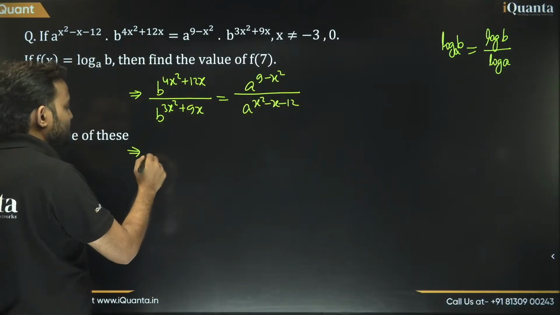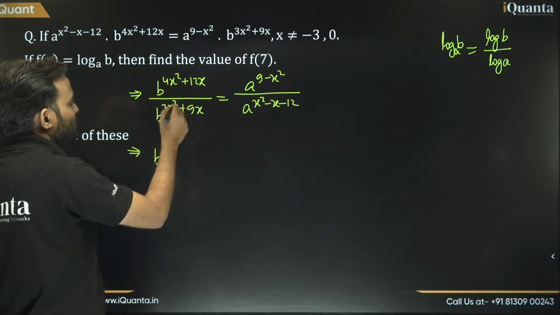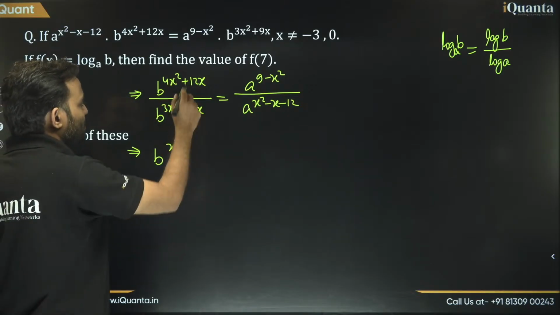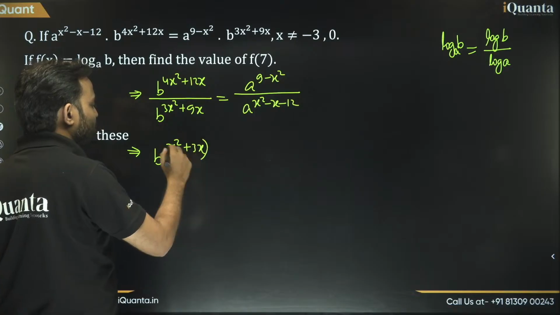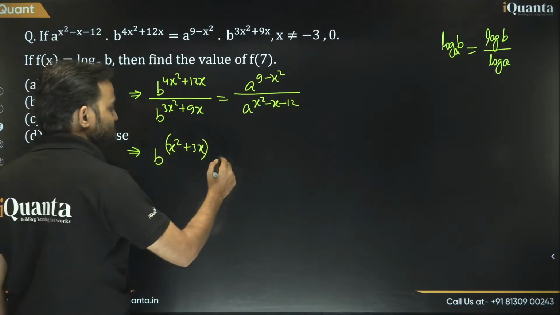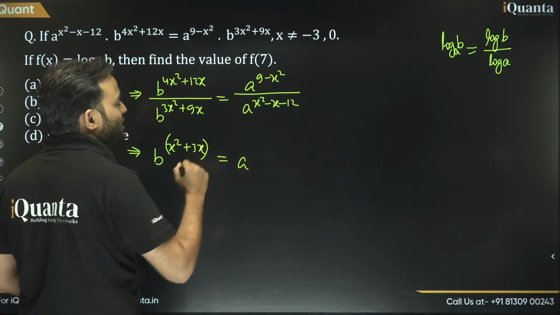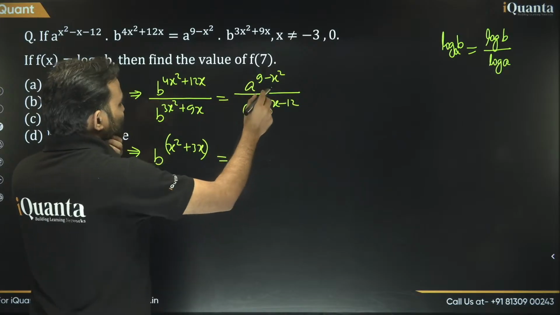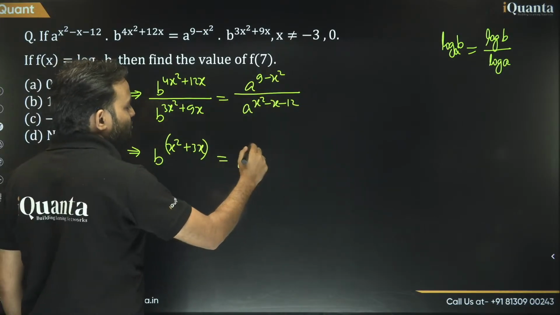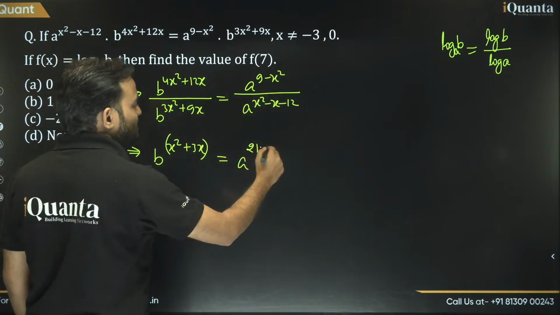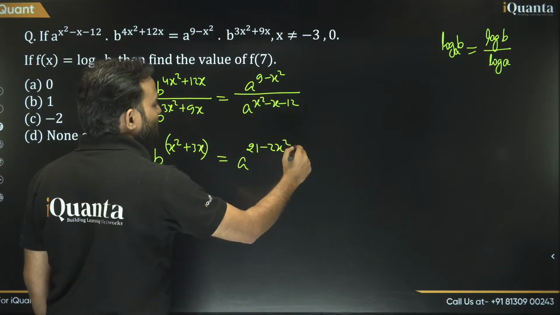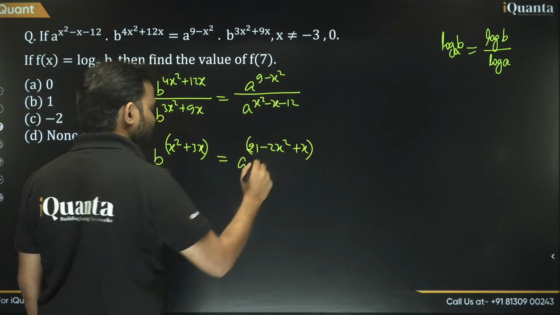Or we can say b to the power 4x square minus 3x square is x square, 12x minus 9x is 3x. So b to the power x square plus 3x is equal to a to the power, now 9 minus 12 will become 21, so 21 minus 2x square plus x, right?